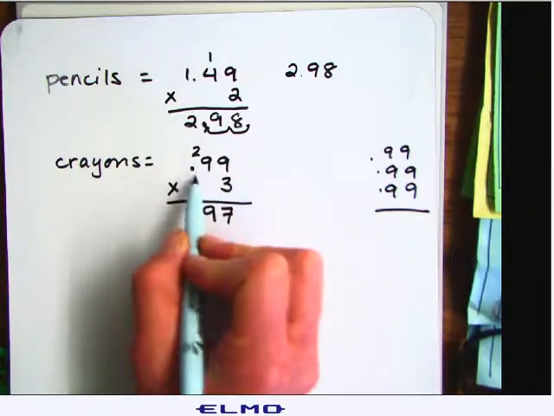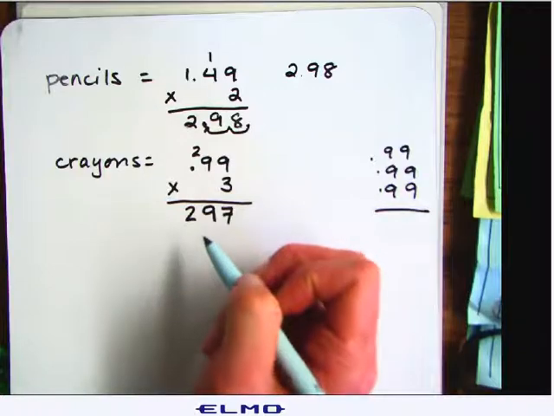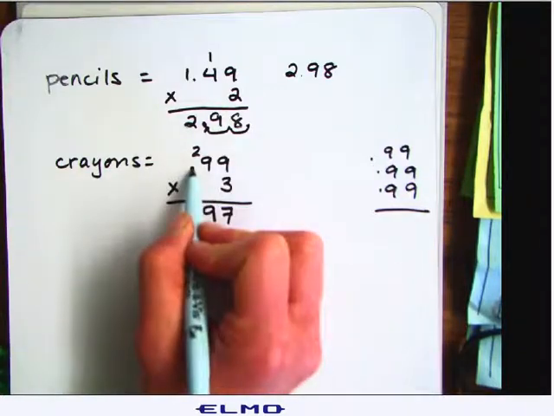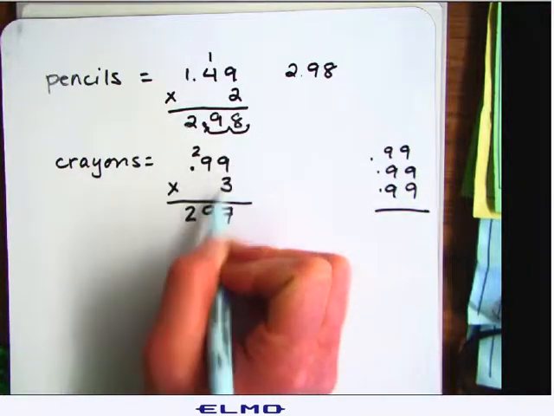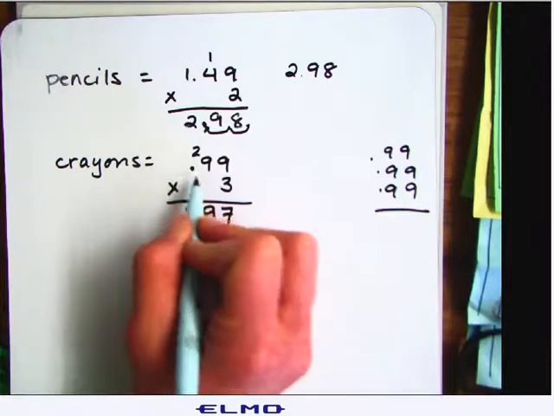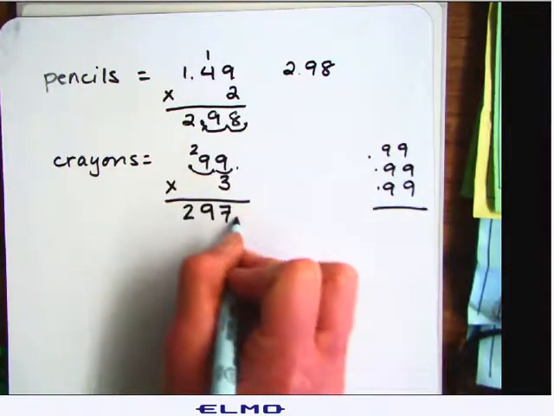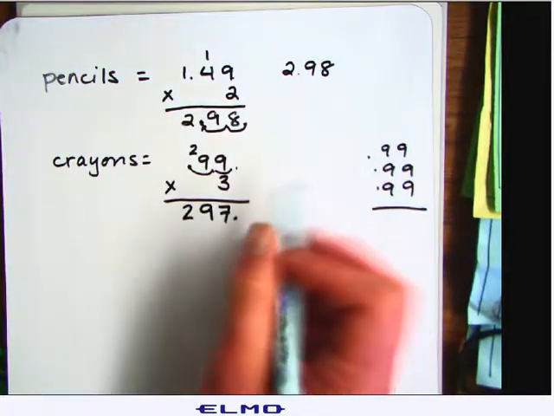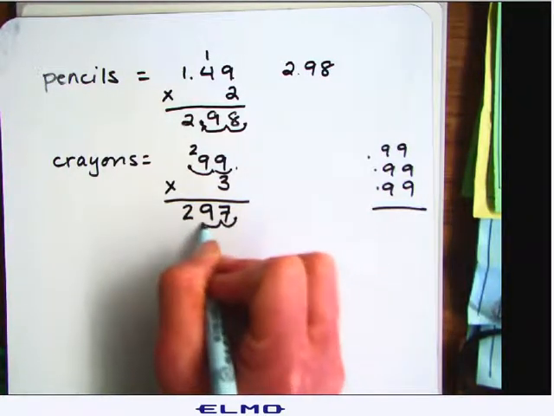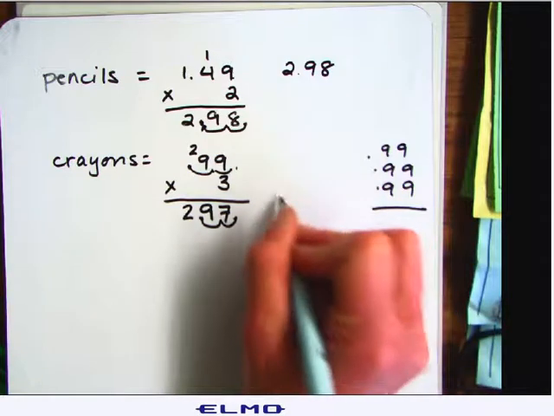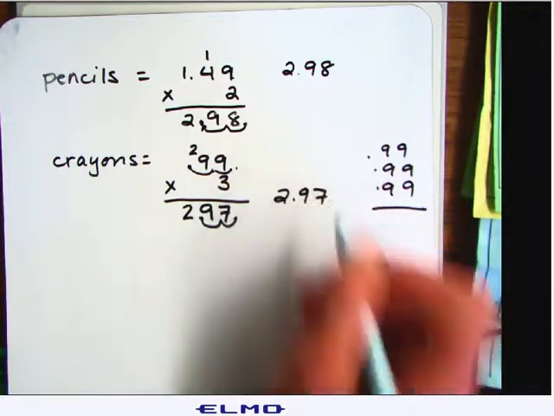Same thing with multiplication. We're going to count the number of digits that have the decimal point. So we're going to bring it over to where we'd have the 1 spot on the other side of it. So 1, 2. So we're going to start at the 1 spot and then we're going to bring it back over in the answer. 1, 2. So $2.97 for the crayons.